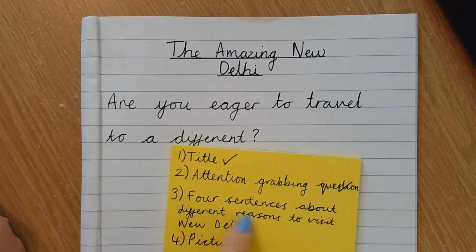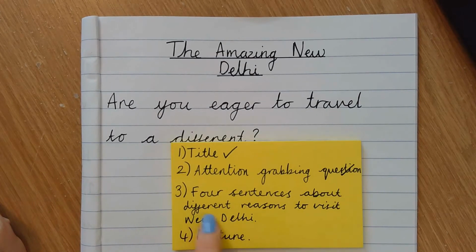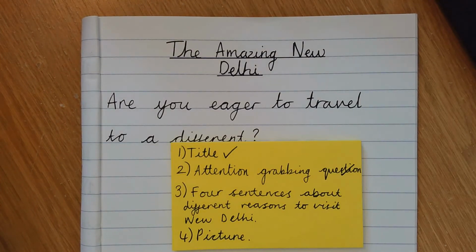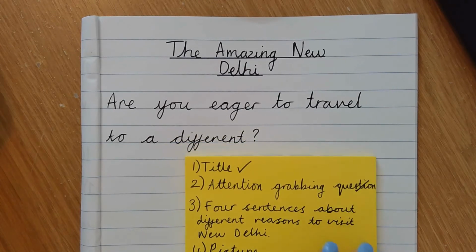Now I want them to write 4 sentences about different reasons to visit New Delhi, and this is when I can use the information from my sheet. So the first reason I said is I want to write about how New Delhi is the capital city of India, and the Yamuna River flows through the city. So I'm going to write those 2 bits of information.